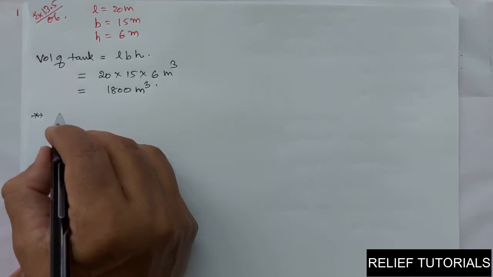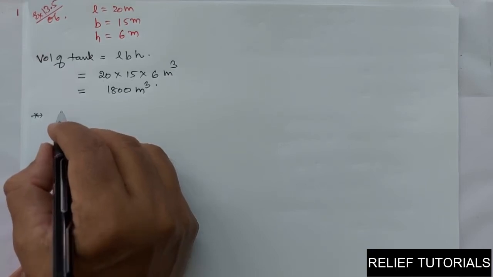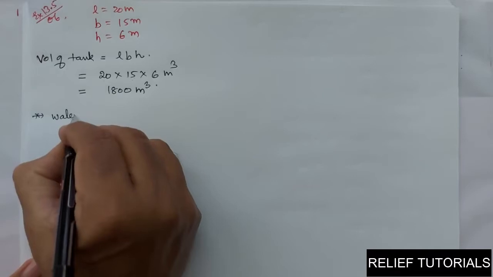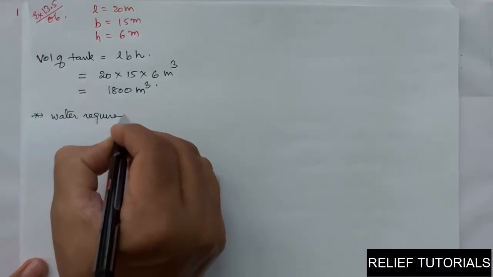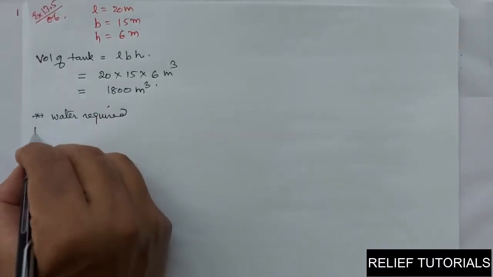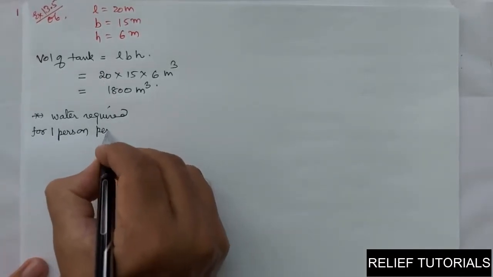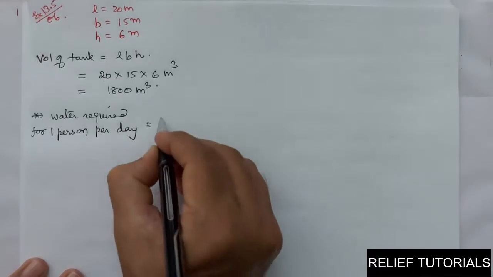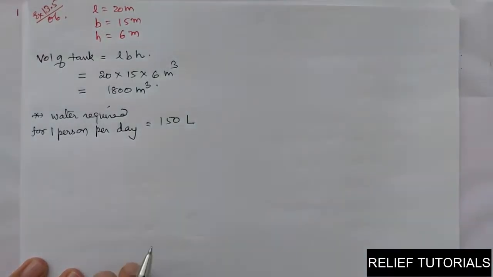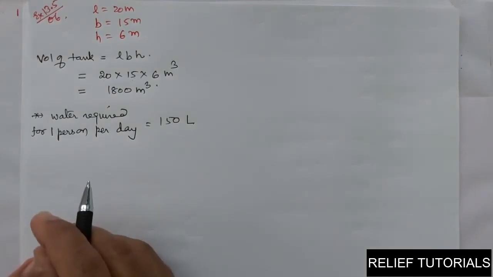Now, water required for 1 person per day. So we will find water required for 1 person per day. How much it is? That is equals to 150 liter. This much amount of water is required by 1 person per day. So total population of village is 4,000.